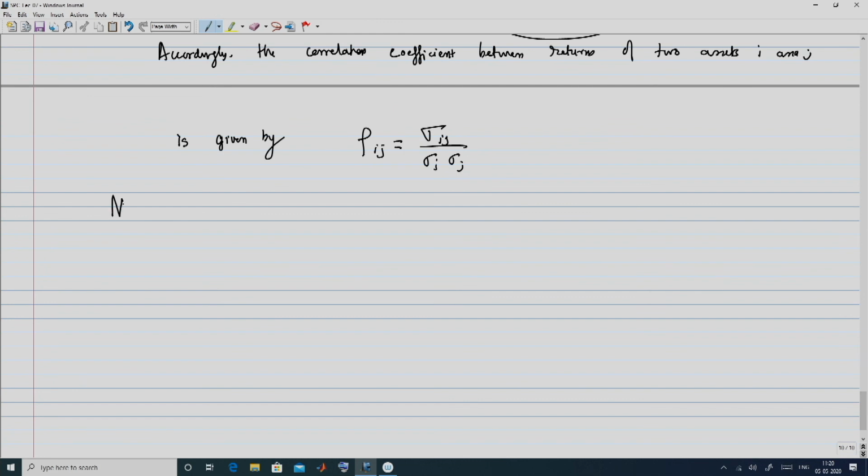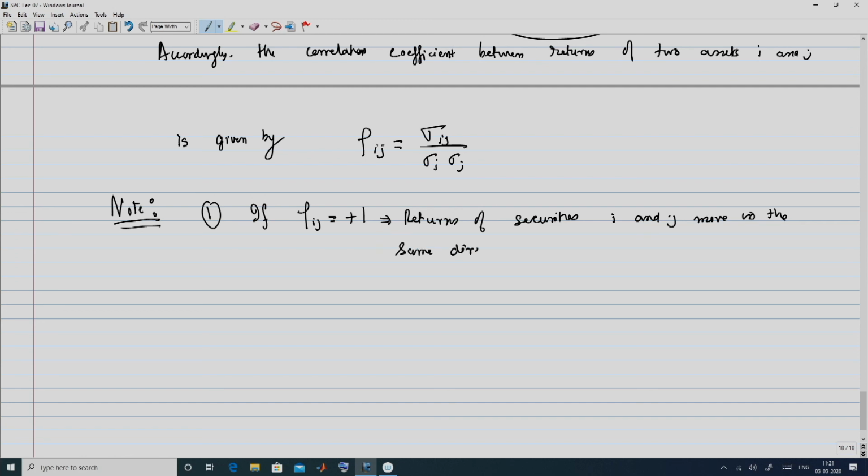So, if rho I j is equal to plus 1, then this implies that returns of securities I and j move in the same direction at the same time.